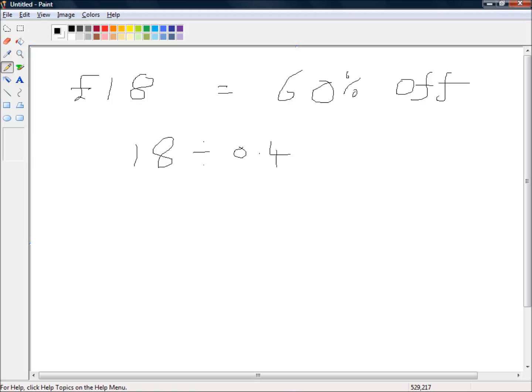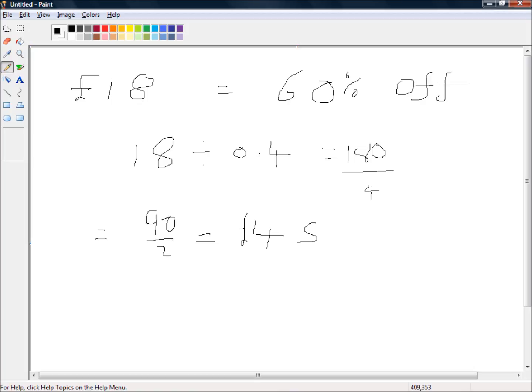That is to say 18 divided by 40%, because 40% plus 60% makes 100%. So we're dividing by 0.4, so that's equal to 180 divided by 4, which is equal to 90 divided by 2, which is equal to £45.